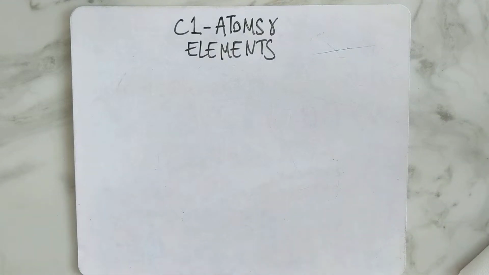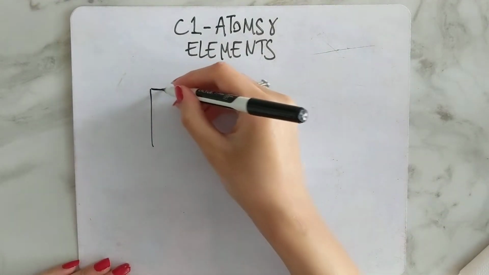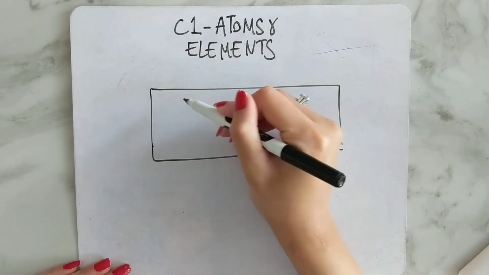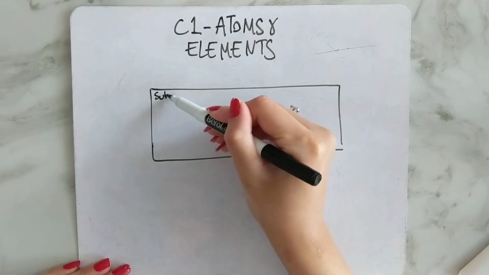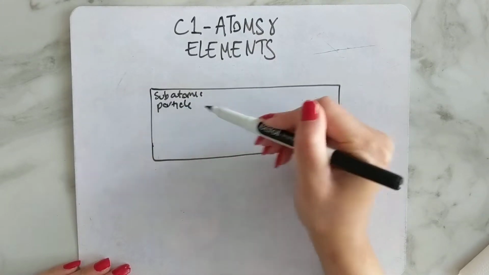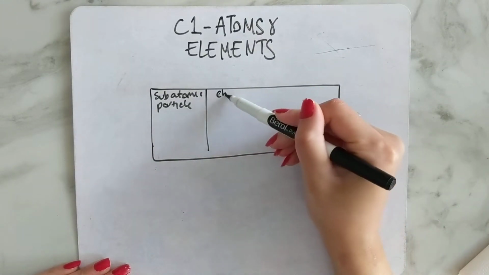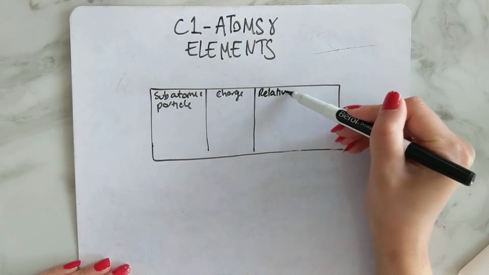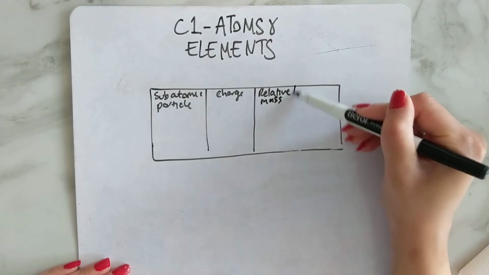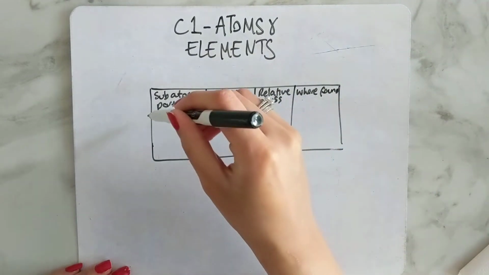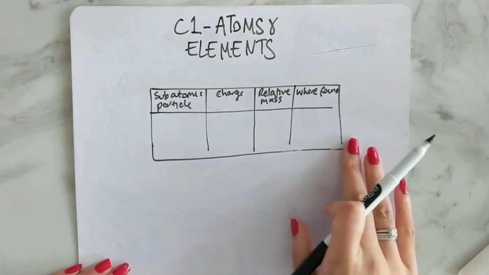Okay, so you'll often see it as a table like this that you have to fill in. It'll say subatomic particle here, it'll say charge, relative mass, and where is it found.